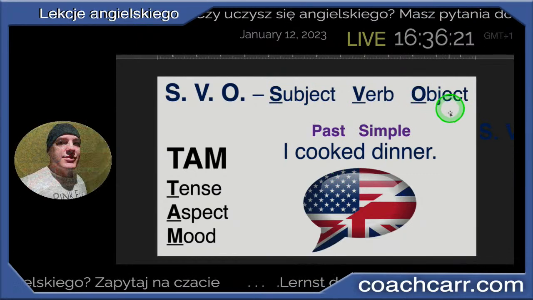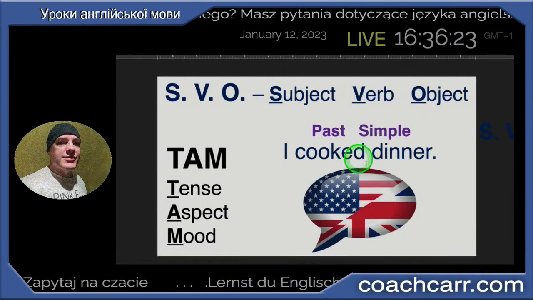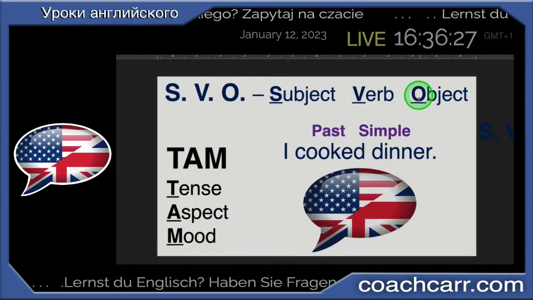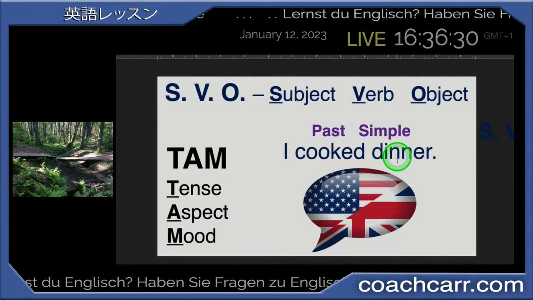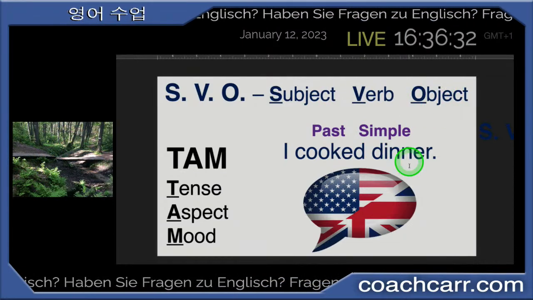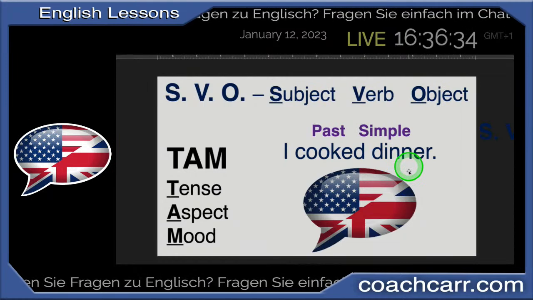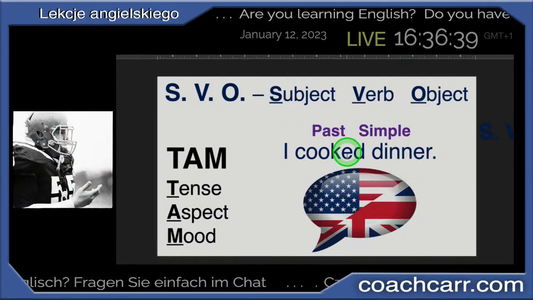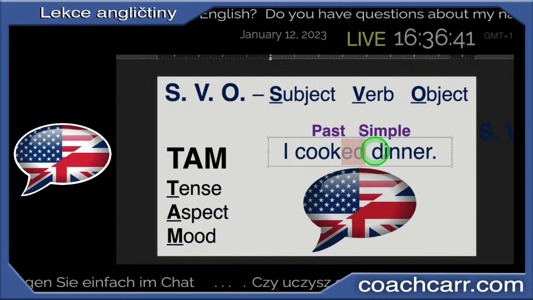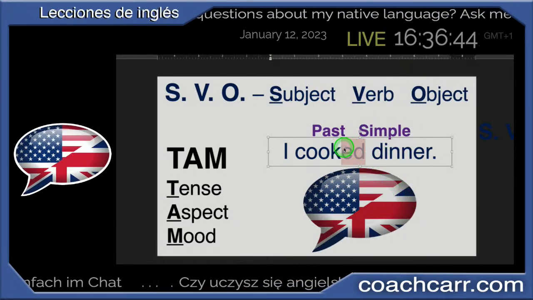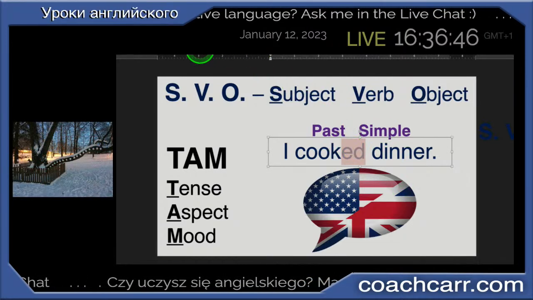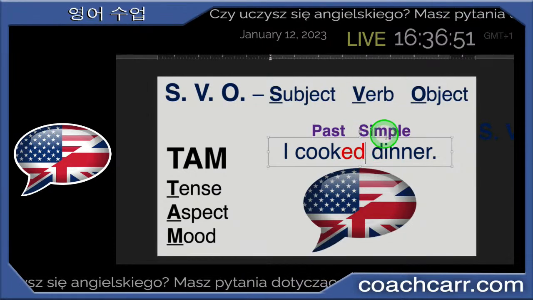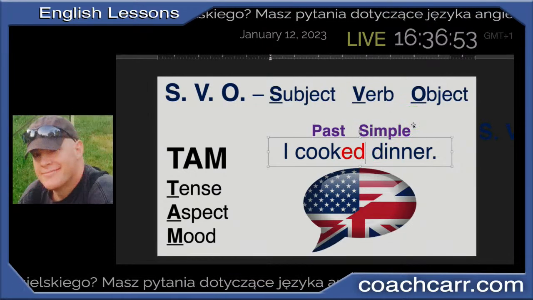And the object, the thing that is getting the verb action done to it, is dinner. That is the object. I cooked dinner. Okay, this is past simple. We can tell it's past simple. One way is because of that ED right here. It's past simple. I cooked dinner.